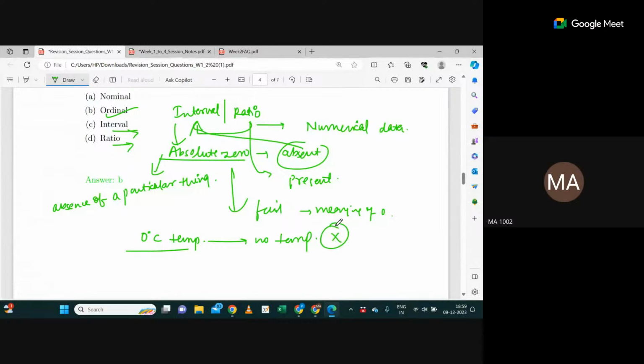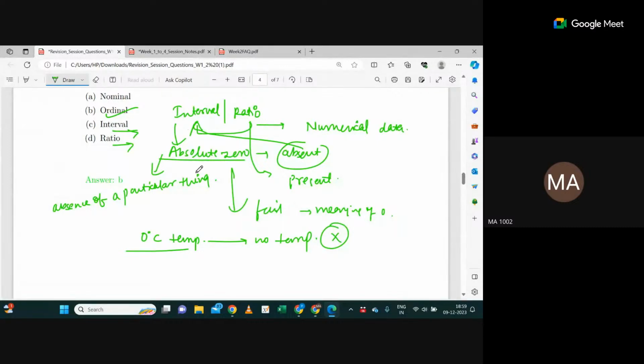We can't say 0 degree Celsius means there is no temperature. So absolute zero property fails. Whenever absolute zero property fails, I can apply the interval scale of measurement. And if absolute zero property is fulfilled, I will say ratio scale of measurement.